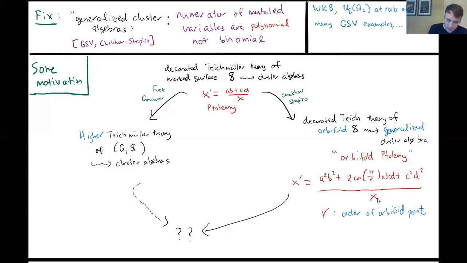So basically, the calculation that Chekhov and Shapiro do to get this relation has to do with triangulations of an n-gon, which is Gr_2,n. And so instead of working with Gr_2,n, you should just work with Gr_k,n. And that will be the SL_k generalization.